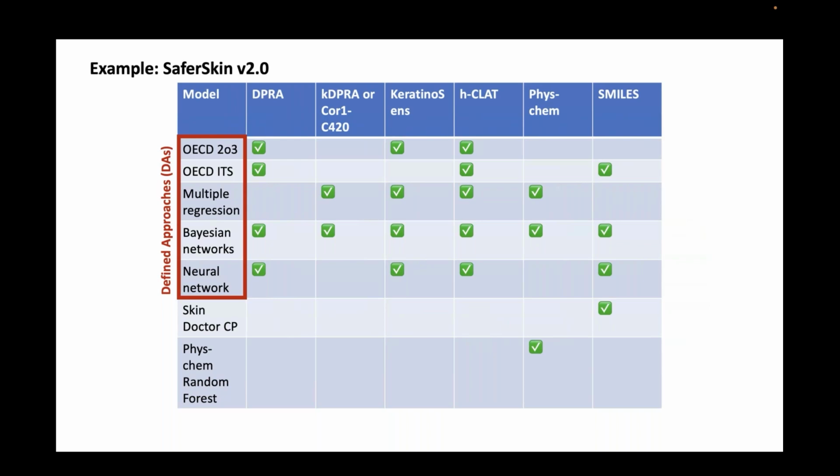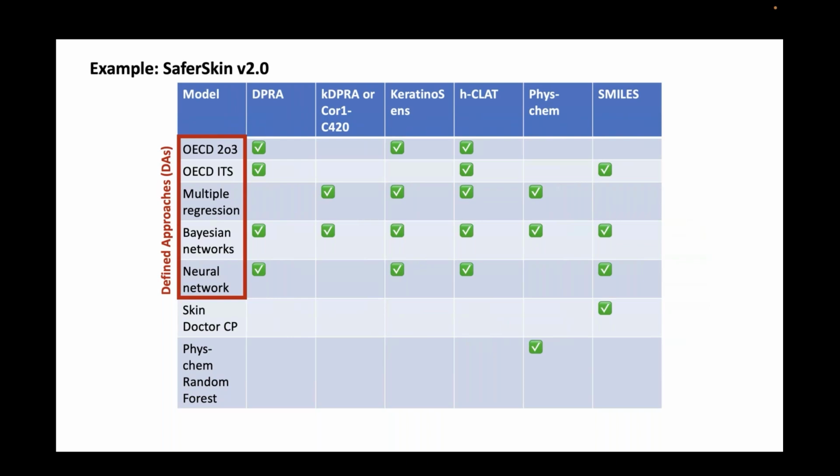Then the multiple regression model takes a kinetic variation of DPRA, so either kDPRA or the higher reactivity assay Cor1C420, and KeratinoSens and h-CLAT, and also a FISCAM parameter, as the vapor pressure turns out to be also a good predictor for the in vivo outcome.